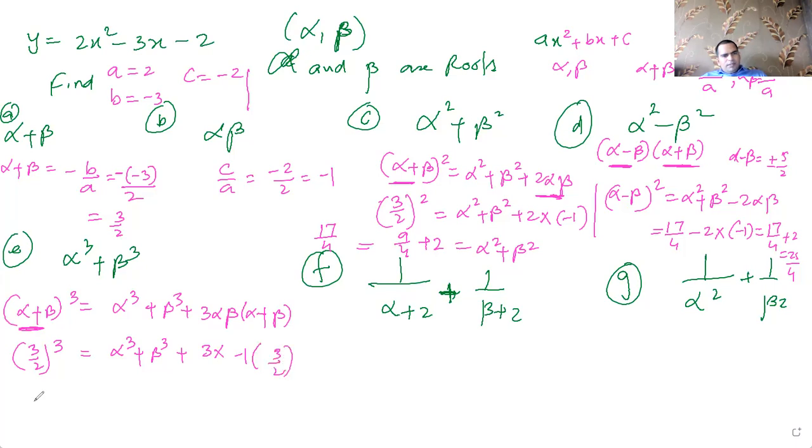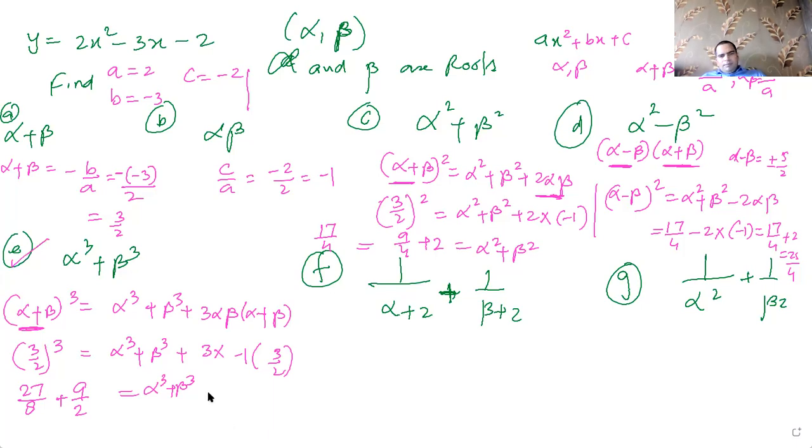When I simplify this, it's 27 over 8, and this is negative 9 over 2. So this side it becomes positive 9 over 2, equals alpha cube plus beta cube. Then you take the LCM of this, and that's the value of this expression.